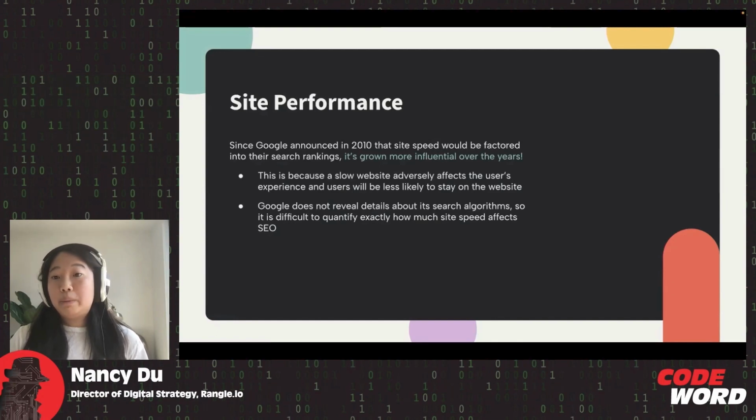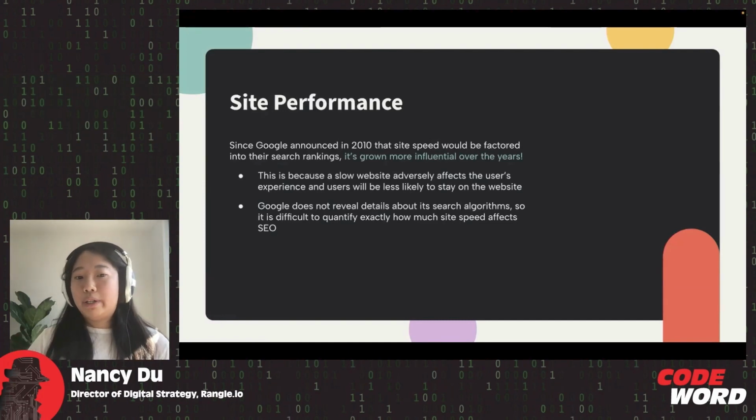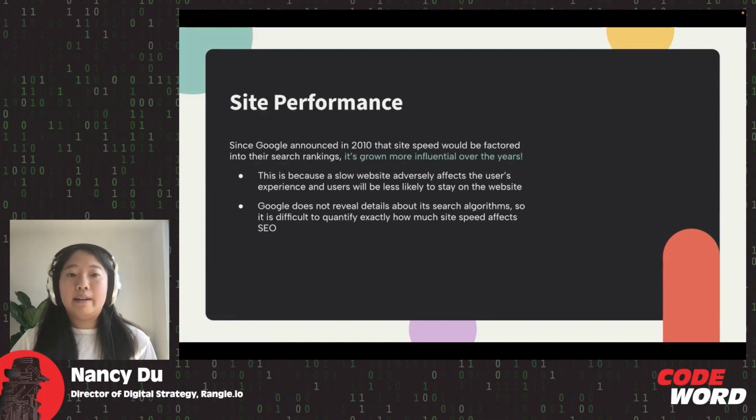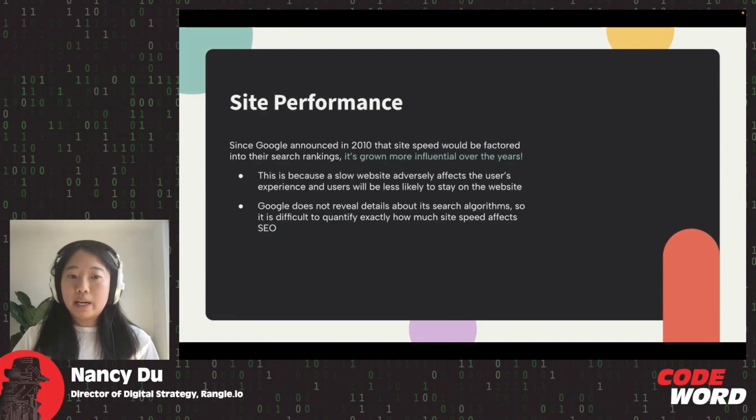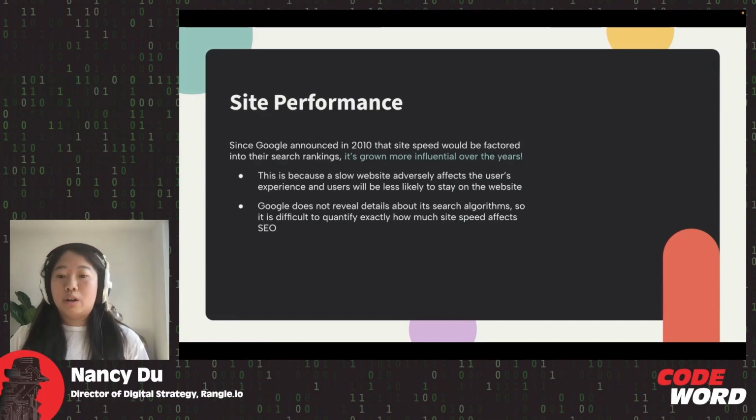And this is really important for Google because a slower website tends to be not a great user experience for your users, and they're less likely to actually stay on the web page. So Google obviously wants to feature websites that are higher quality for their own platform.